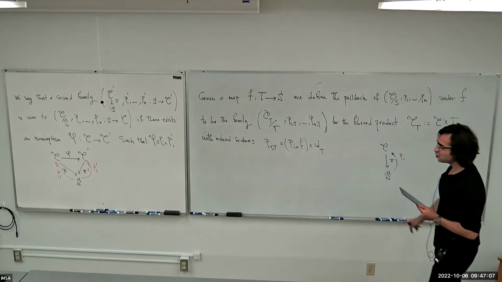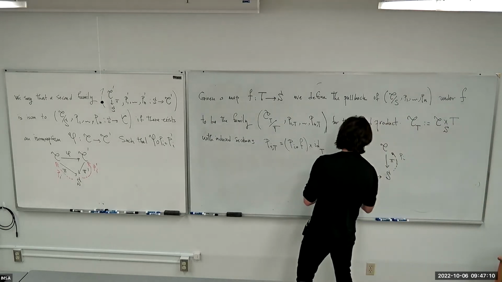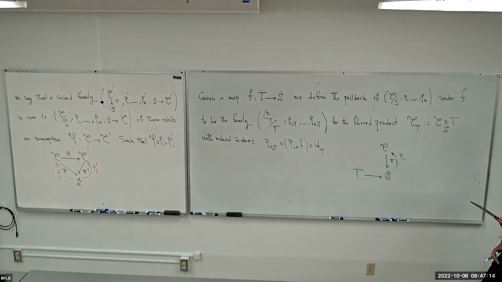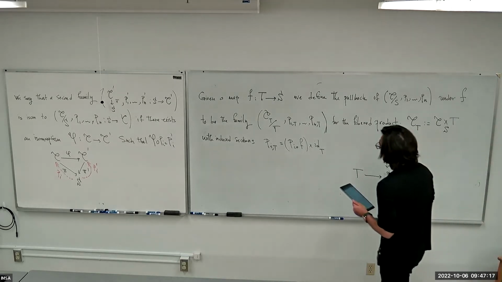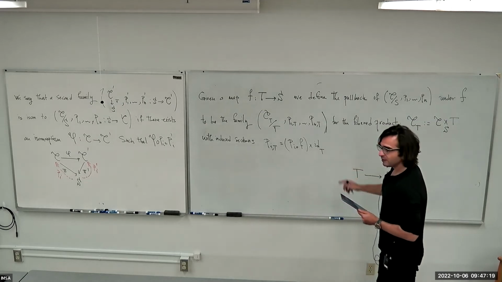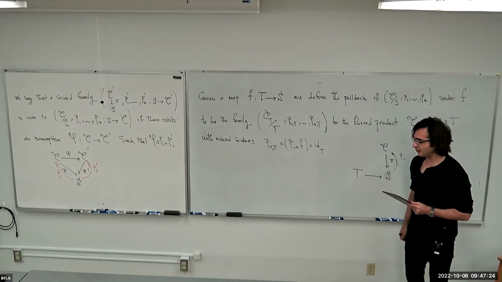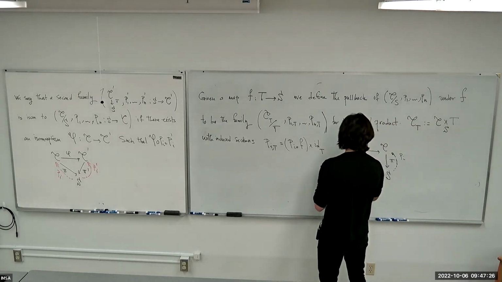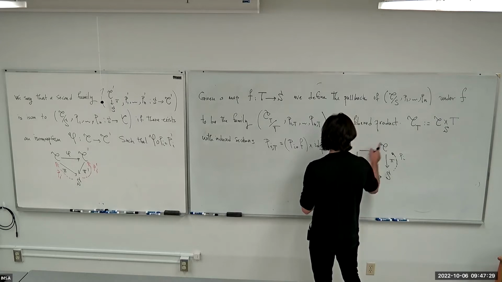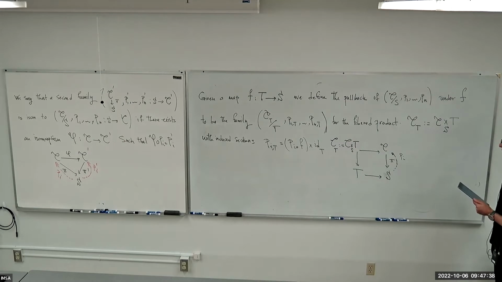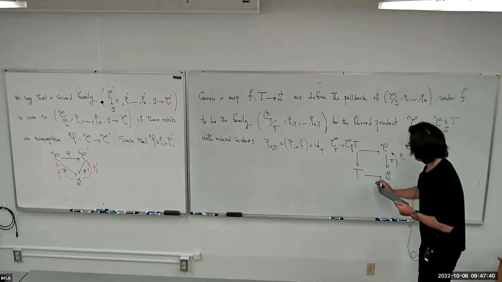And then you're trying to change parameterization, so you can define isomorphism schemes like that, and then you would like to take this family and pull it back and get the family which is parameterized for every point of the scheme T. And that you will do by looking at the fiber product. So the fiber product of these two things is C over S times T, and that is the one that we call C of T.